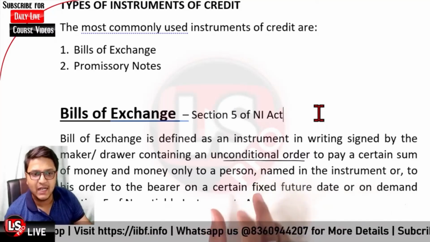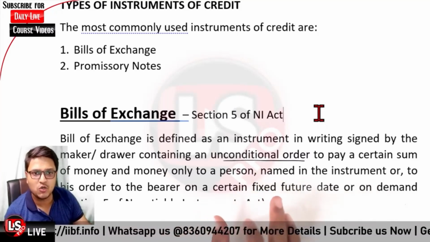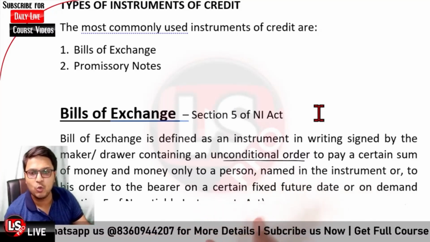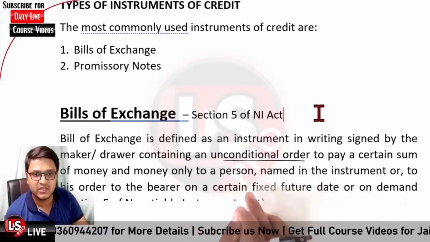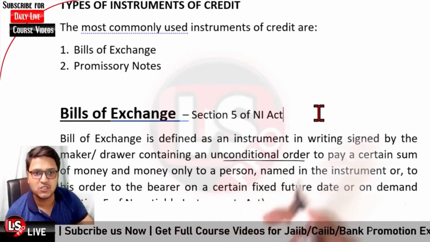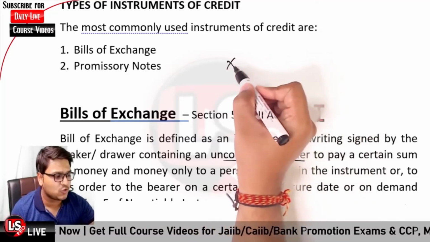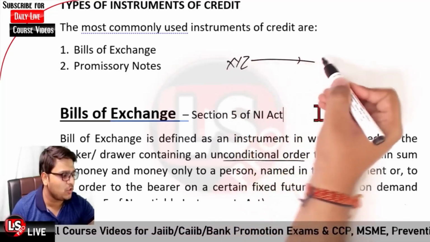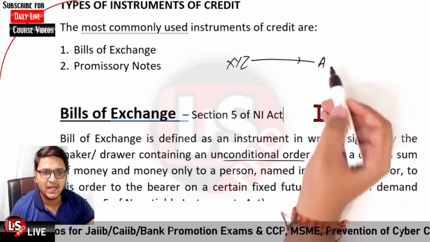Or we can say it is an instrument drawn by the creditor who has given the credit, who would be the drawer of the bill of exchange. As I told you in the earlier example, XYZ has sold goods to person A and A has not paid yet.